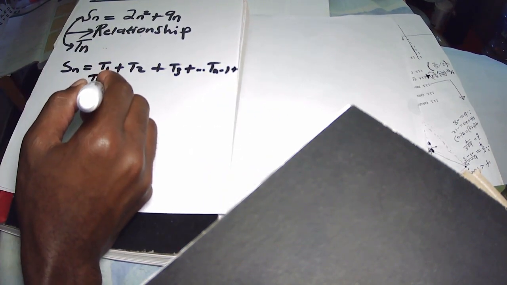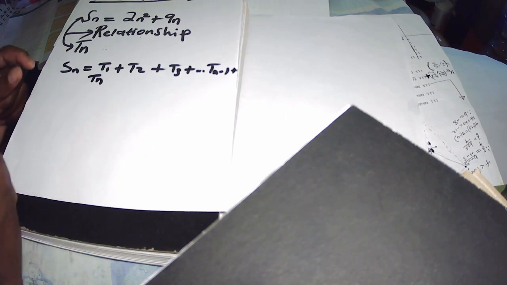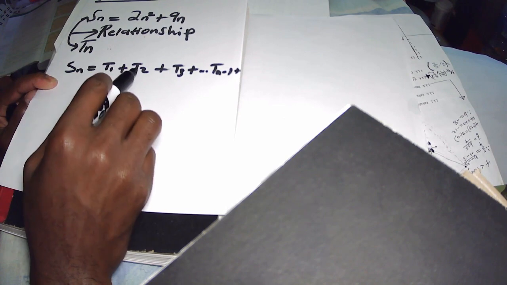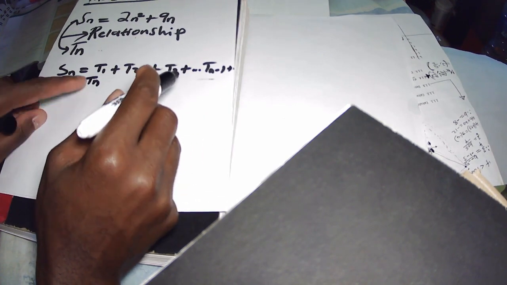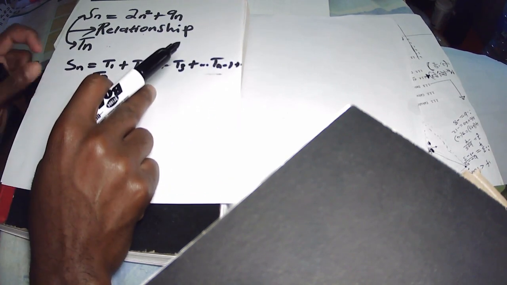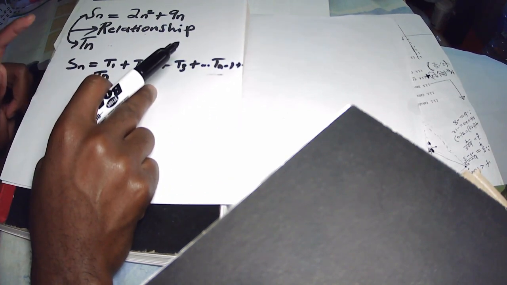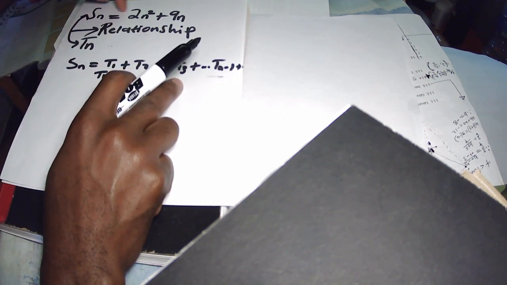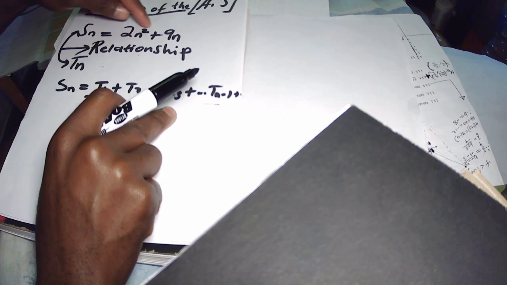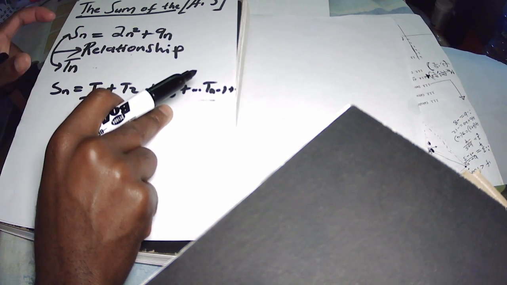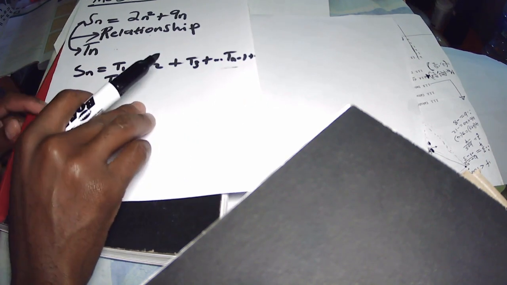So the first term, second, third, until the last term. We add the terms. So this is the relationship between sums and terms. We are given the question in the form of a sum, not terms, but we are asked to calculate the first three terms.